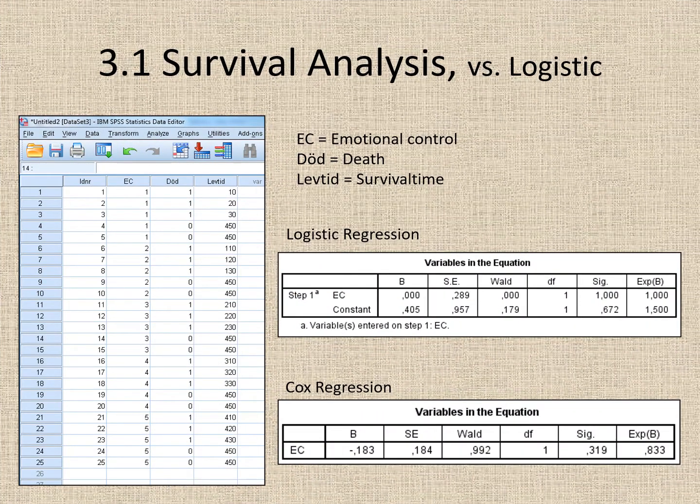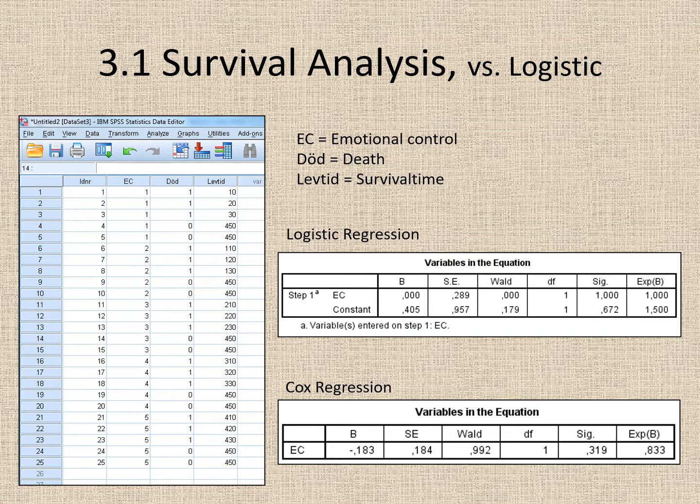And those who die, they die at different time points. So the full follow-up period here is 450. Let's say it's 450 days, for instance. So those who survive all have value 450 here. And those who die have different values, depending on how many days it took for them to die from the start of the follow-up period.